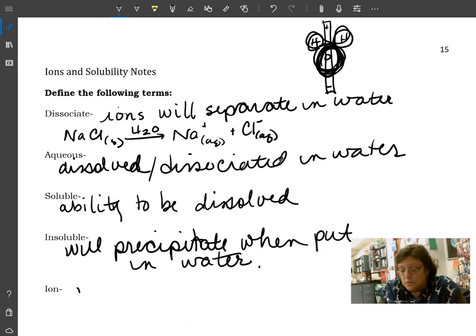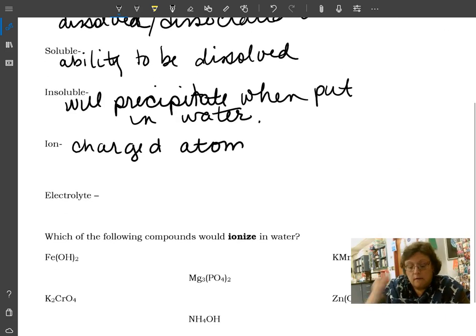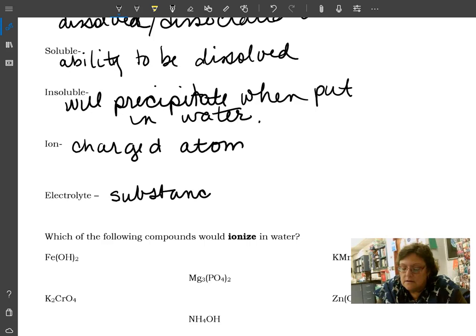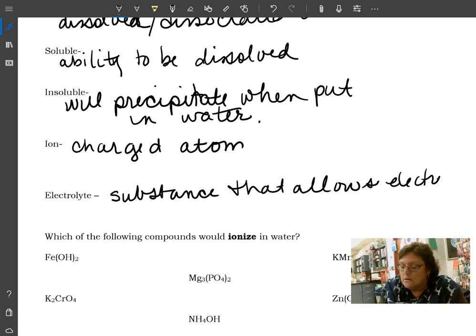And then an ion, of course, is an atom with a charge. An electrolyte is basically an ionic compound. An electrolyte is a substance that allows electrical current to pass through a solution.